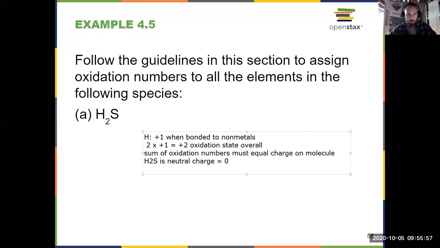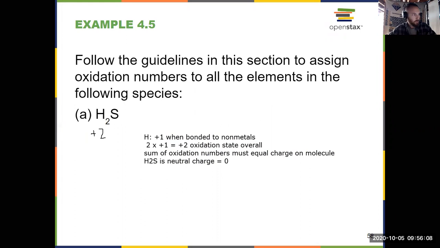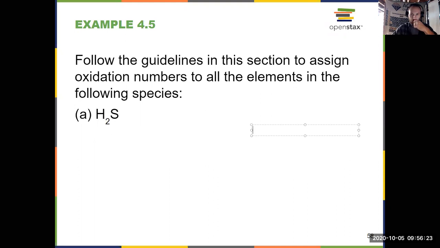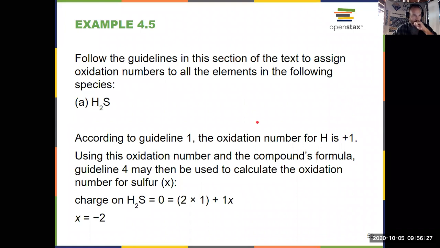So if each of those hydrogens over here is +1 each, that gives me a +2 charge overall. So for that to be neutral, sulfur must be -2. And that's the oxidation number for sulfur. Hopefully you followed along with that. If not, it's all summarized on slide 59.